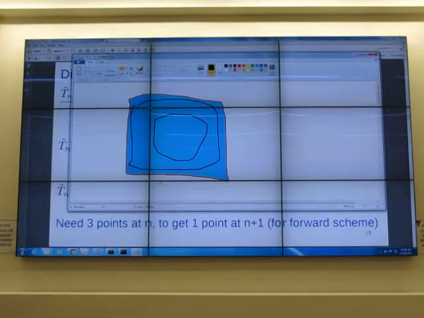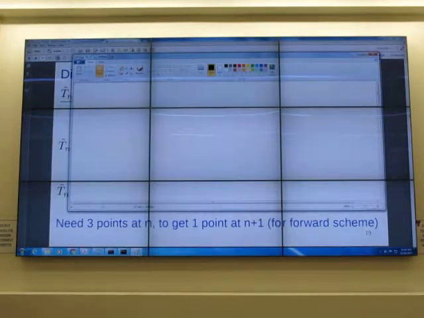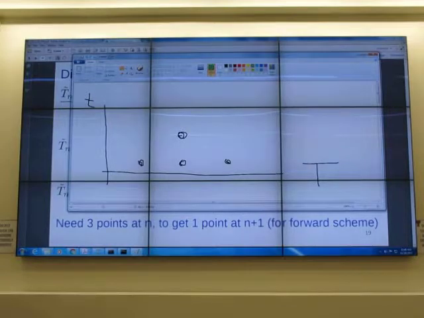So this is capital T, and this scale is time. If you want to know this point, the green one, at the next step, you need to use these three: 1, 2, 3.